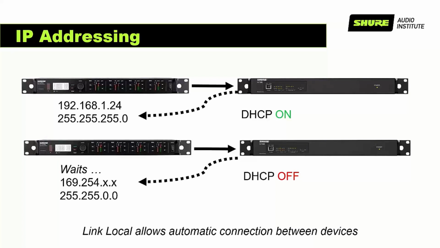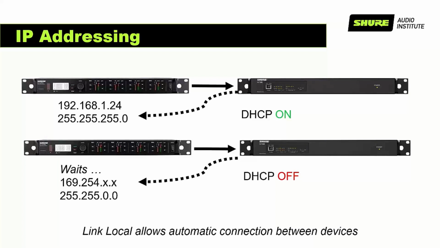In the first example, you would have 254 potential devices on your network. And in link local addressing, you would have over 65,000 potential IP addresses available to you. So you can see there's a lot of IP addresses available there that you just simply wouldn't run out if you were establishing a large network with nothing but link local or without a DHCP server.